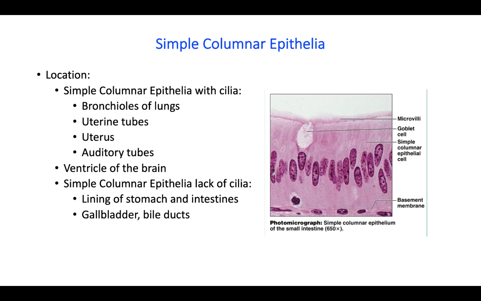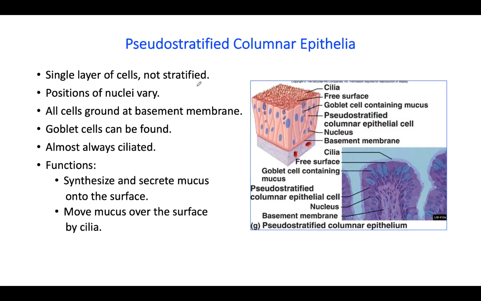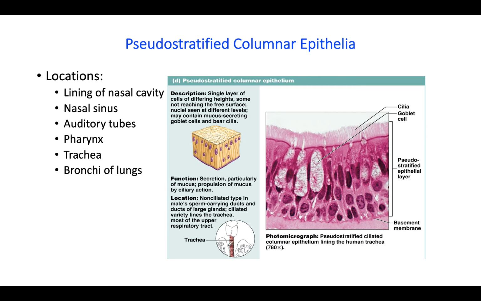Simple columnar epithelia are usually found in the bronchi of the lung, the uterine tube and the intestine, but pseudostratified columnar epithelia can mainly be found in the trachea region. So, the lining of the nasal cavity, nasal sinus, auditory tube, pharynx, trachea.